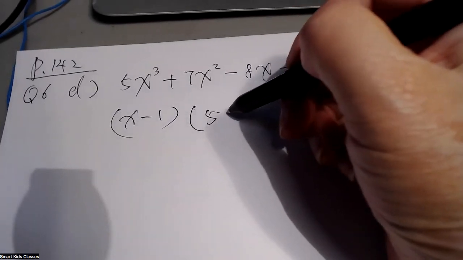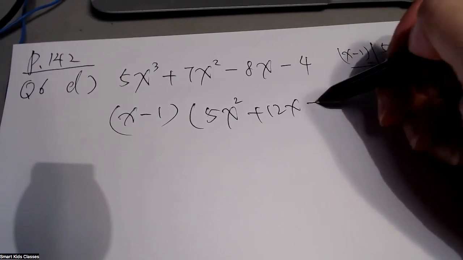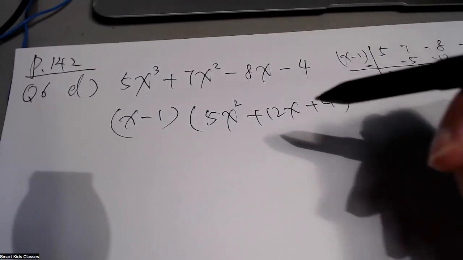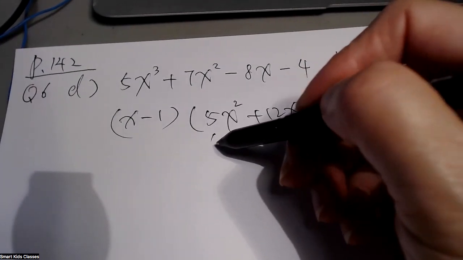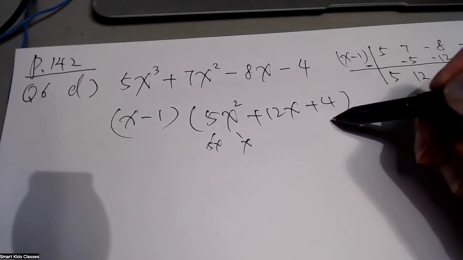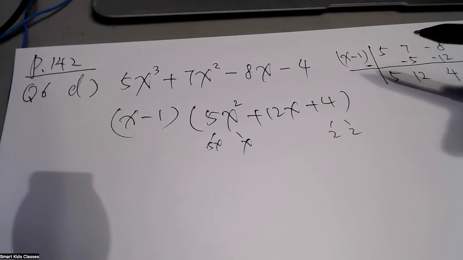So we're going to put it here. We have 5x exponent 2 plus 12x plus 4. From here, we're going to find a factor. So let's say 5x. The combination will be 5x times x. How about 4? We have a 2 and a 2. 2 times 2 is 4, or 4 times 1.